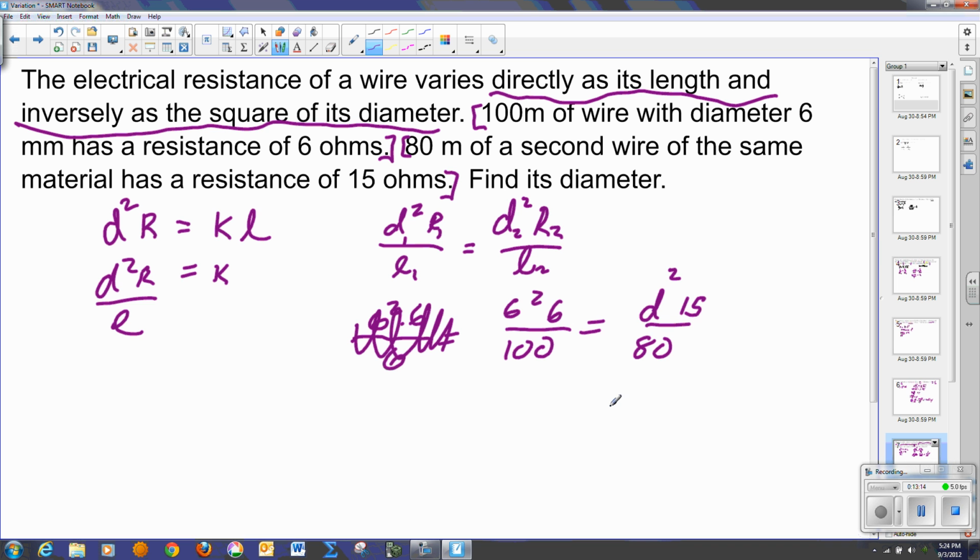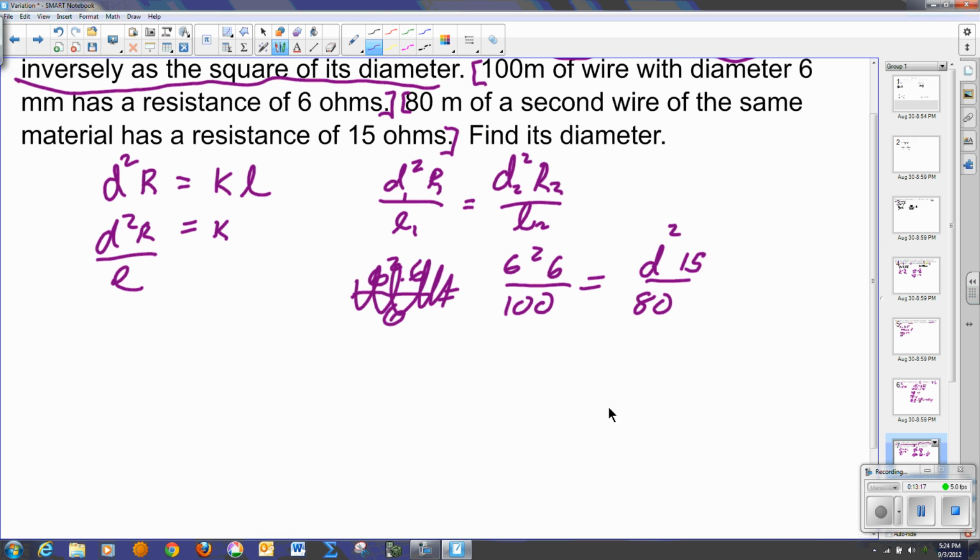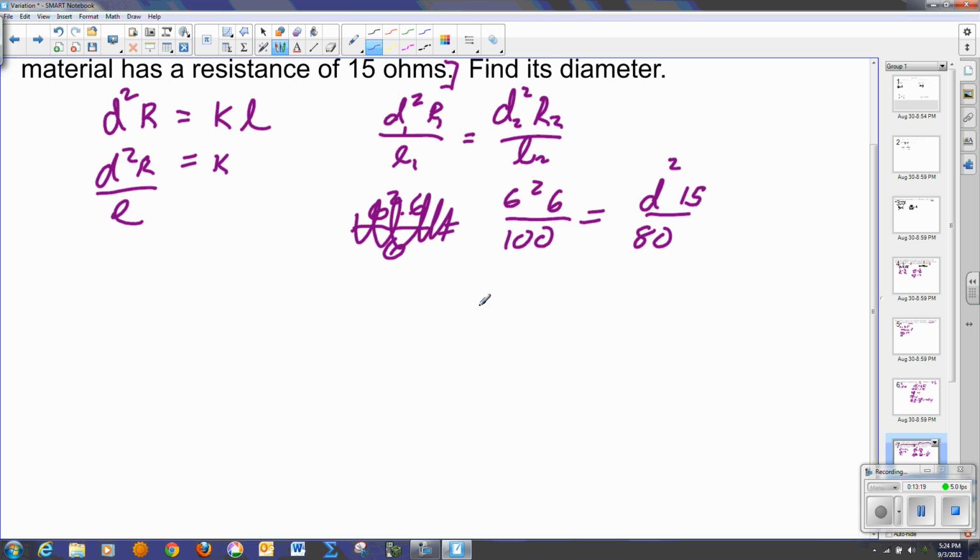So now I'm going to isolate my diameter. In order to do that, I have 36 times 6. I'll multiply by 80 over 100. And I'll divide by that 15. And that's going to equal d squared.